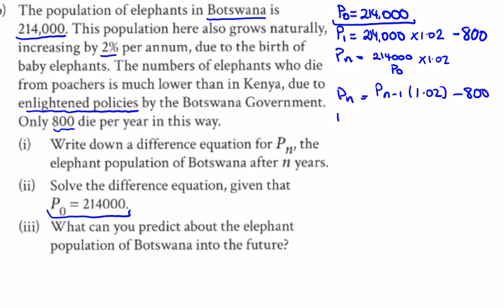So let's just fill them in. When n is 1, we'll get P1. When n is 1, we get P1 to be P0 by 1.02 minus 800.